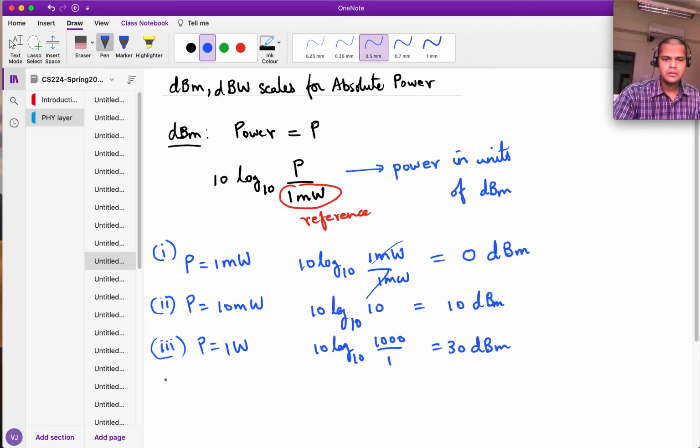Let's take a few more examples. What if I have 2 milliwatts? Just like we had seen in the earlier case for attenuation, you have 2 over here, and this is 0.303, so this is roughly 3 dBm.